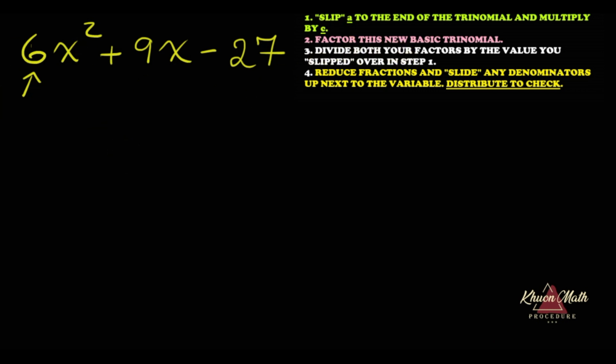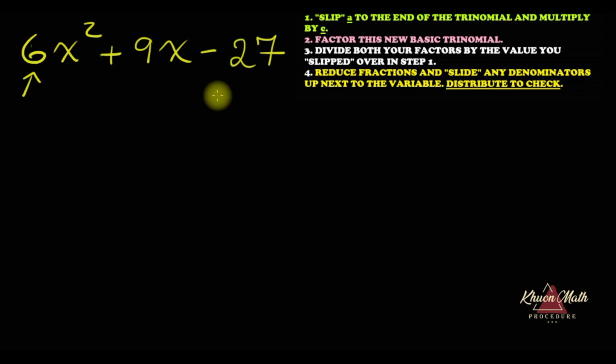Actually, before we follow the procedure step by step, if you look at this trinomial, I don't know if you noticed that you can actually pull a number out, because 6, 9, and 27 have a greatest common factor other than 1.